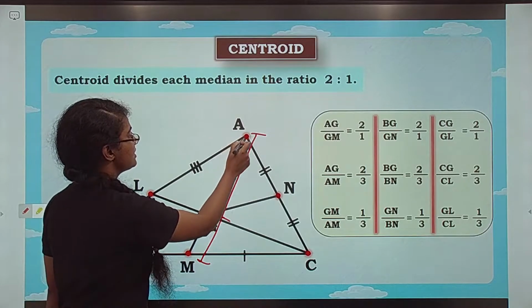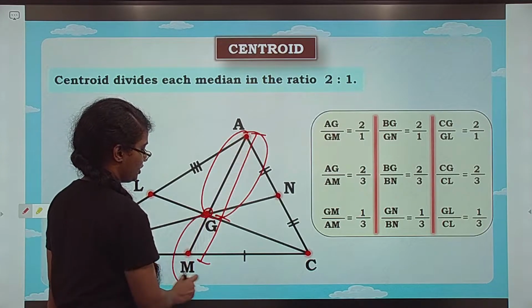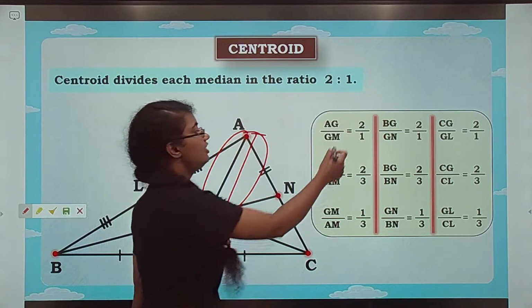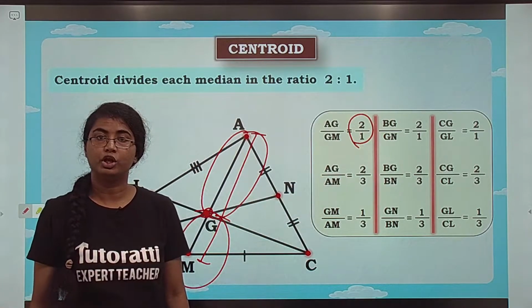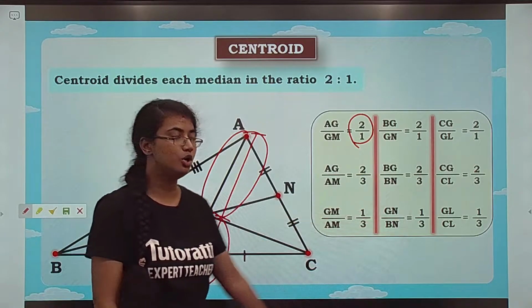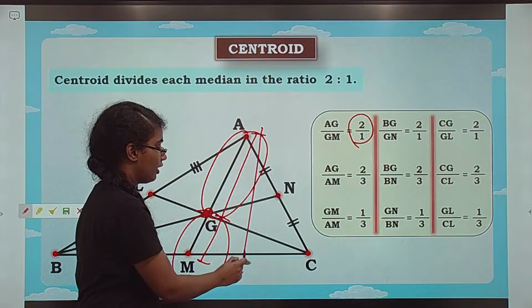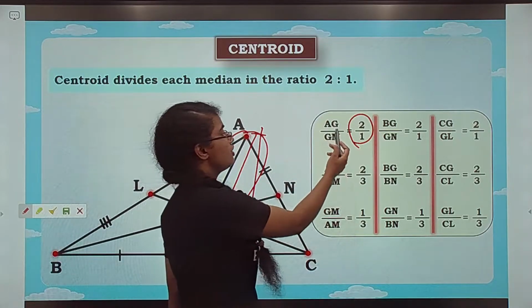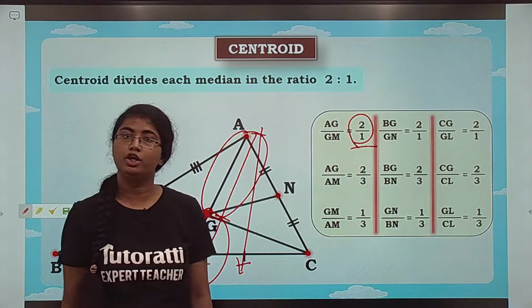So the first part is AG and the next part is GM. Okay, if we take a ratio, then you will see that the ratio is 2:1. How do we take this ratio? We start from the vertex and then go down to the midpoint. So AG upon GM is equal to 2/1.